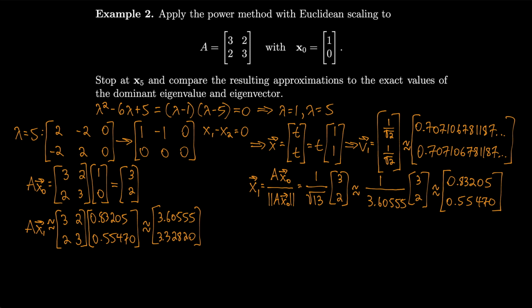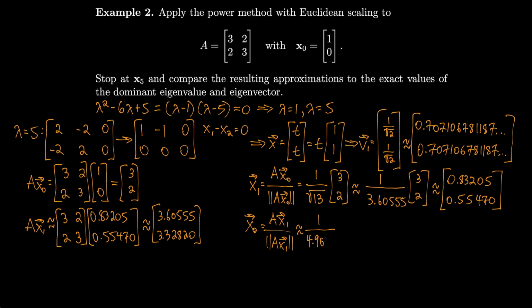So that gives us x2 now by taking Ax1 and dividing it by its length, and for the length that we're dividing by we get 1 over 4.90682.